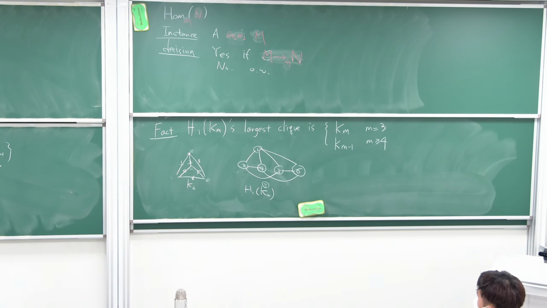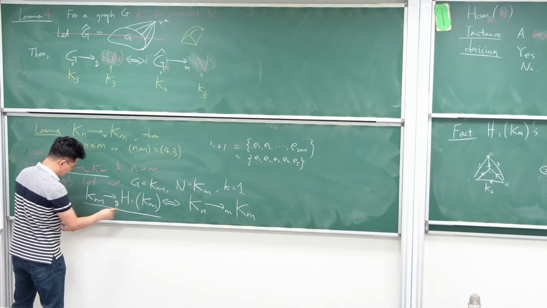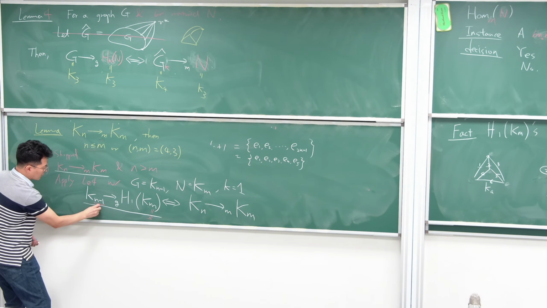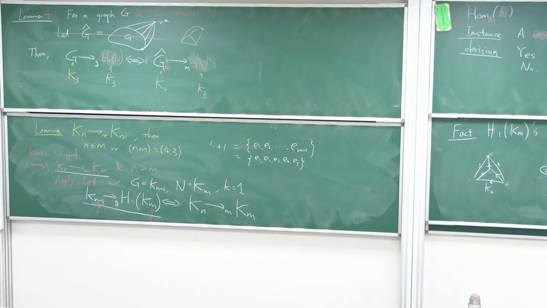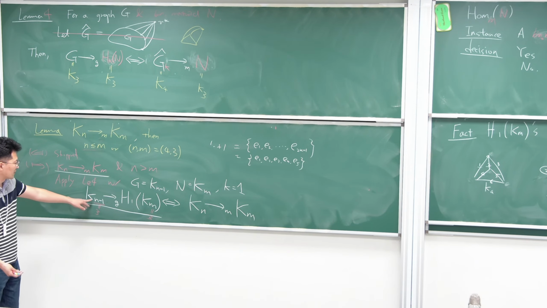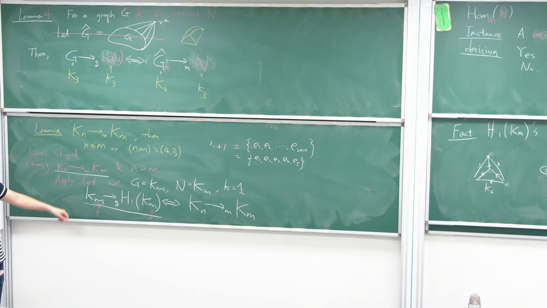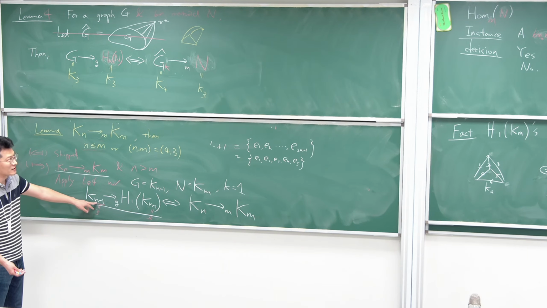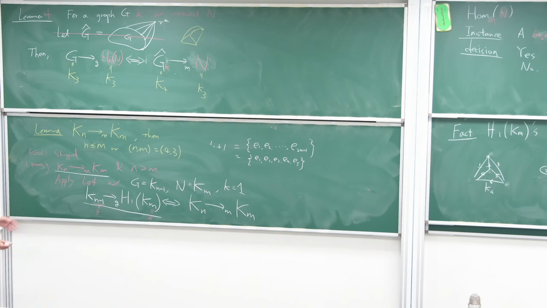So where are we? This happens when m is exactly 3 and m minus 1 is exactly 3. So if n is 4, then this cannot happen. So it should be 3, and if n is 5, then it's bigger than 3, so it cannot happen.